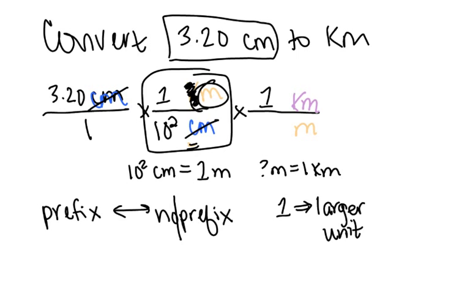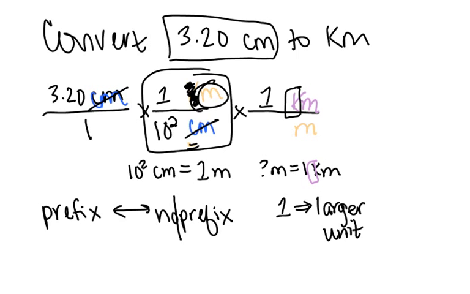That's what we're trying to figure out. How many of the smaller thing fit into the bigger thing? Now, you must still use the power of 10 that goes with kilo. It's just that you're going to be filling it in on the bottom of the fraction. So the power of 10 doesn't necessarily always go next to the prefix, but if your prefix is kilo, no matter where it is, you have to use the power of 10 that goes with that prefix.